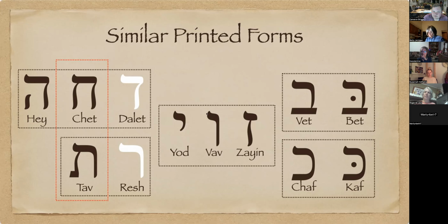The Vav is like an abbreviated Resh, so it comes over just ever so slightly and then straight down. And then Yod is basically the top hat with a little curly underneath. And as we've learned with our Dagesh, we've got Vet and Bet, Chaf and Kaf. The Dagesh is a modifier there that changes the sound of those. So all that makes sense.